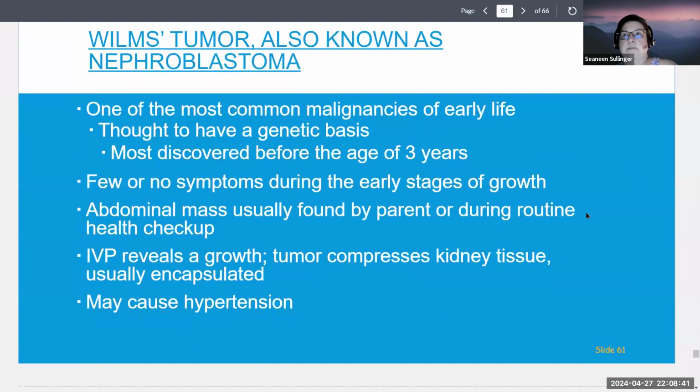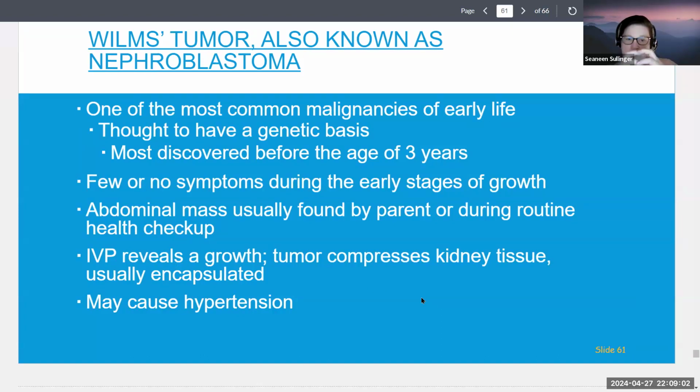Often the parent will feel an abdominal mass. Even though this is a kidney tumor, it gets so large that you can actually feel it in the abdomen, or the child will be very sensitive in the abdominal area. An IVP, intravenous pyelogram, will reveal the growth.